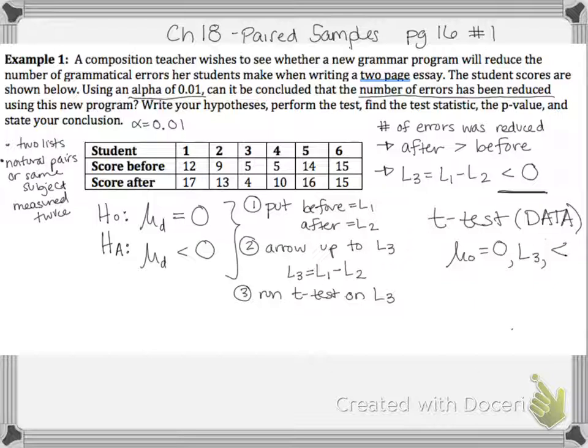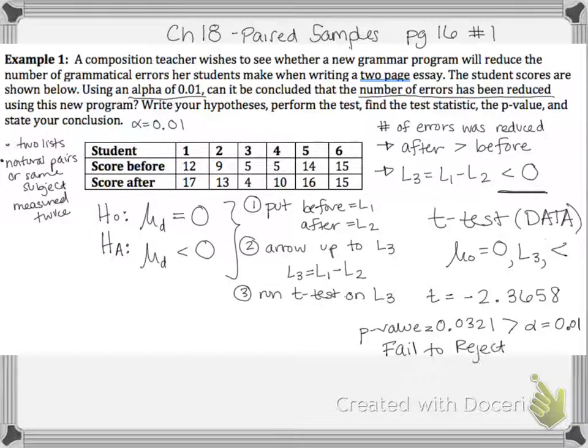So when we go to our calculator and we get the output for this, we end up with t is negative 2.3658, and we get a p-value of 0.0321. And if you remember way back when we read the paragraph, we were asked to use an alpha level of 0.01, and 0.0321 is larger than 0.01. So we would fail to reject the null.